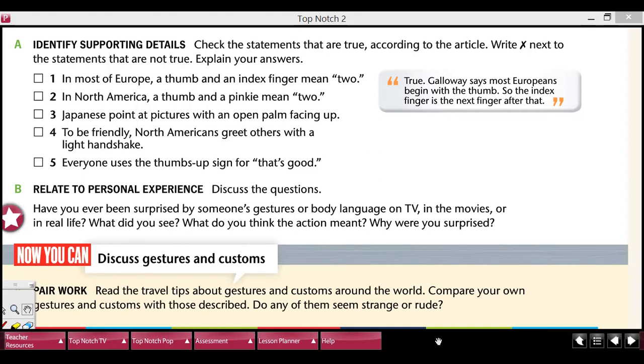Well, in the book, that's page number 9.